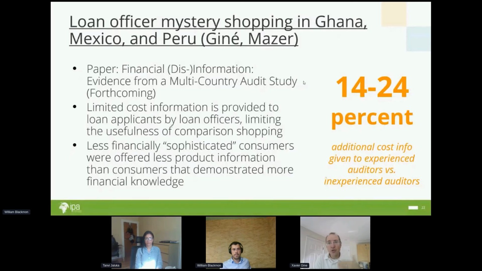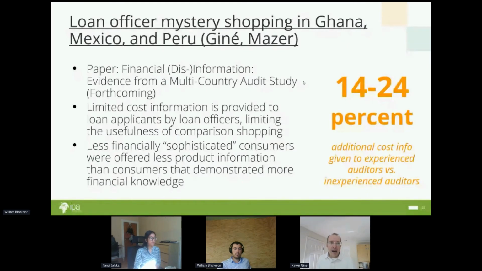If you use that information to choose across different products, we show that typically you don't end up with the cheapest product, because a lot of the information is not being provided. Comparison shopping makes sense when you have the full information, and that might explain why there's little comparison shopping, because partly people don't necessarily get the full information.